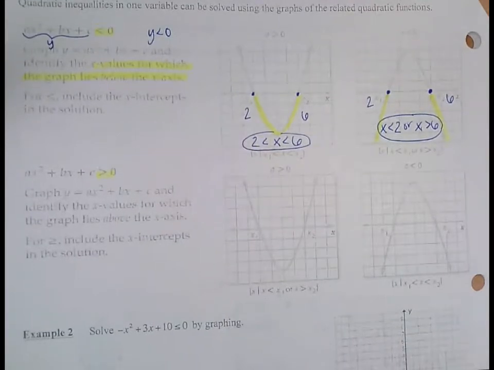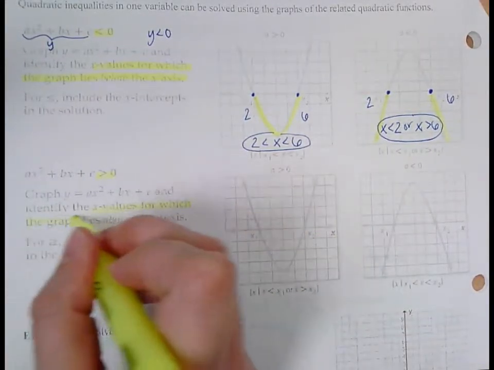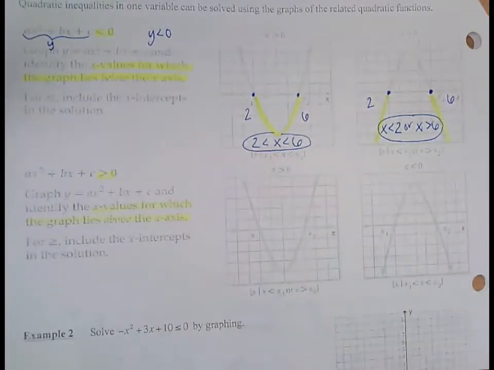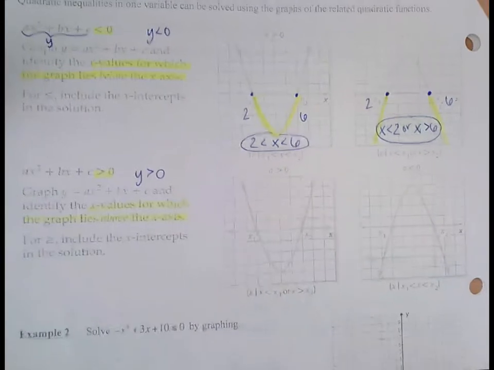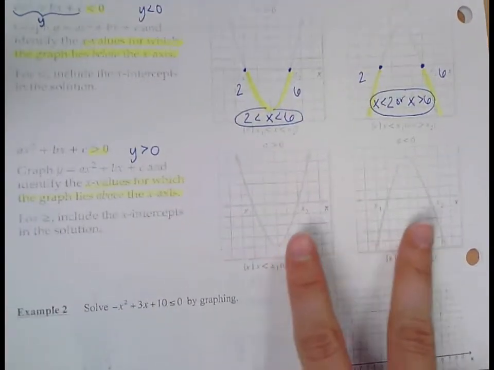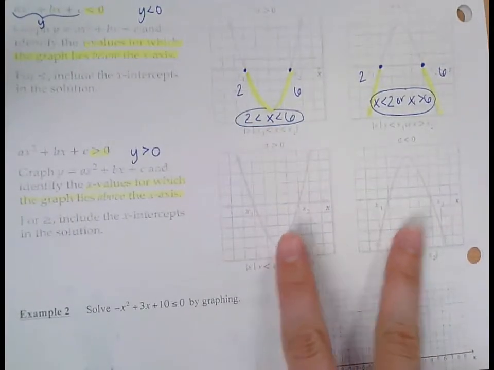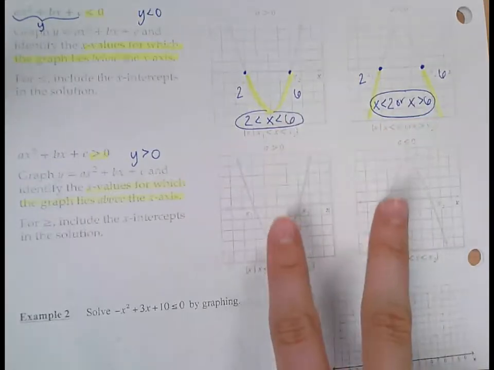So then if it's greater than 0, it's just the opposite. So now you're identifying x values for which your graph lies above the x-axis, because now your y values would be greater than 0, is what the inequality says. So I'm not going to go through in as much detail because it's basically this. The solution sets would look the same, but it's what's above.